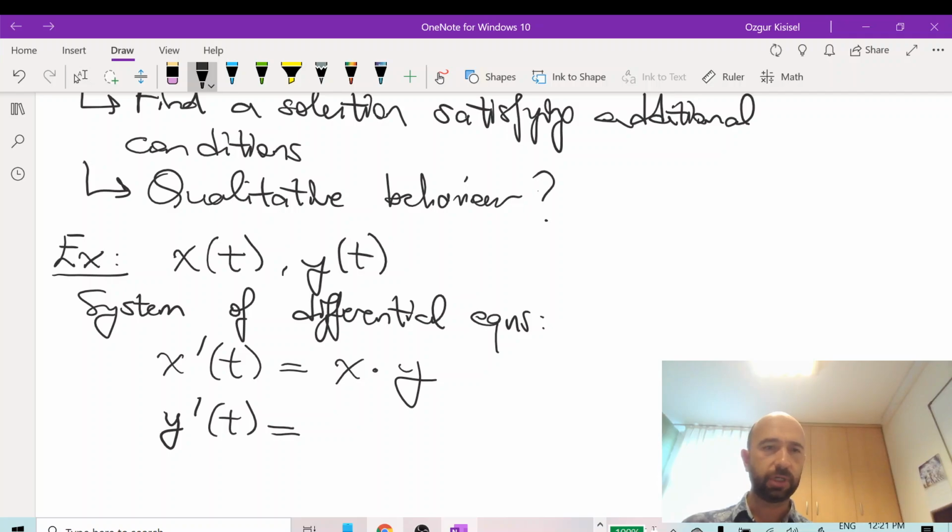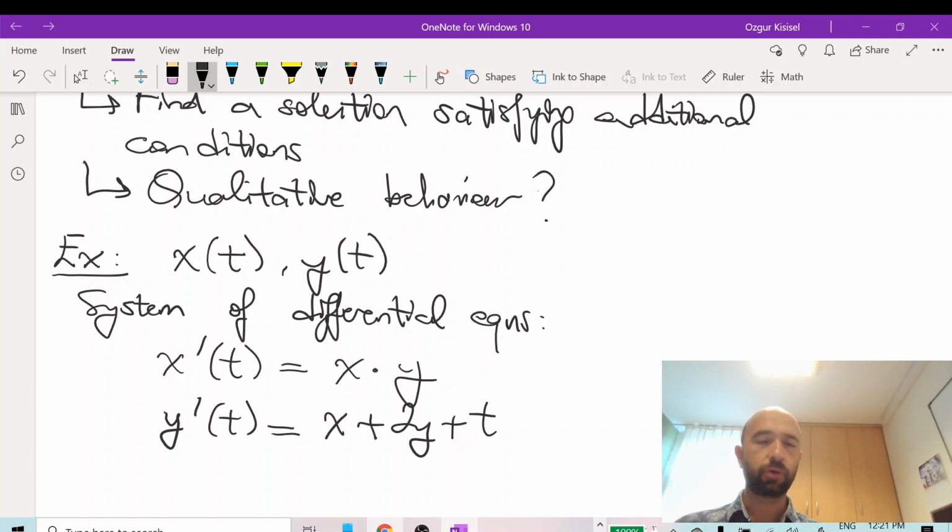Now, a bit of notation here. I'm writing t here, I didn't write t here, but it doesn't matter. I could have omitted the t's here, but we should understand that both sides are functions of t all the time. The second equation is, let's say, x plus 2y plus t. So I have one equation for each dependent variable, but the right-hand sides are kind of mixed up.